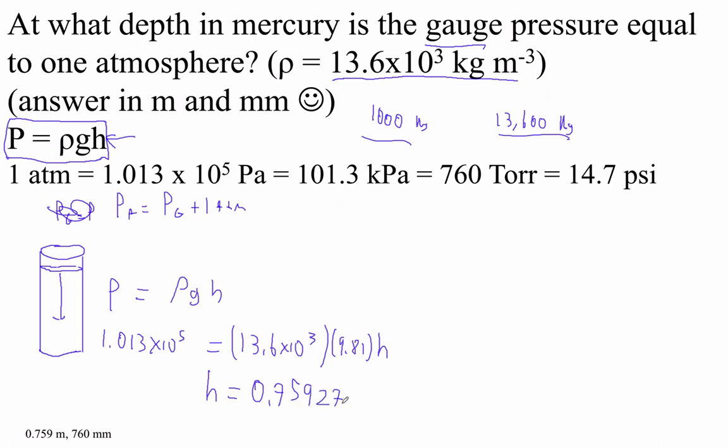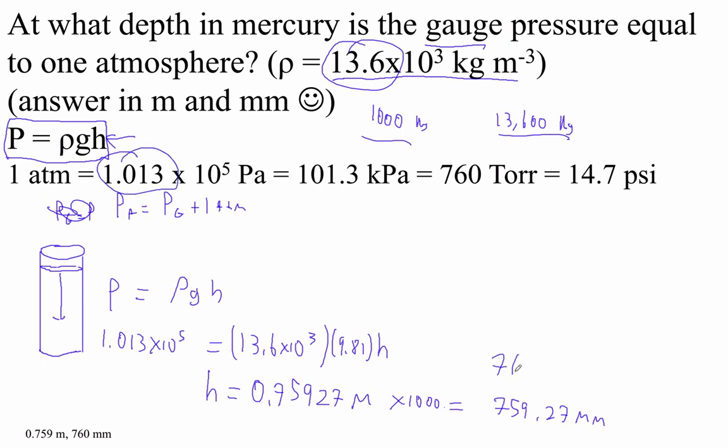And then in millimeters, you'd just be 1,000 times that. That's meters, right? There's 1,000 millimeters in a meter, right? Is equal to millimeters, right? So that's 759.27 millimeters.